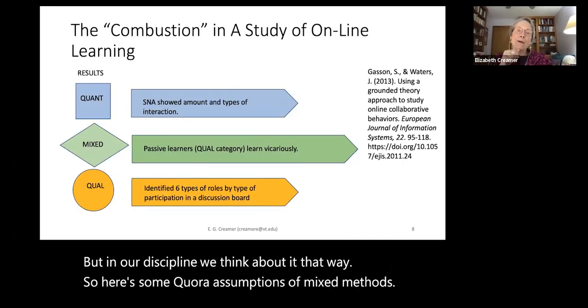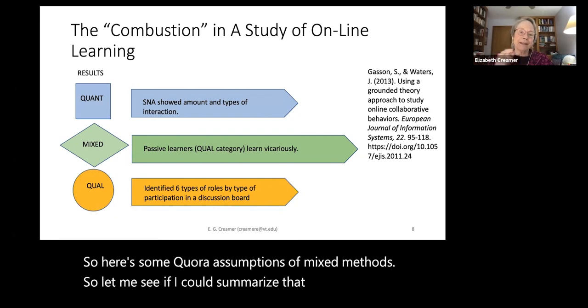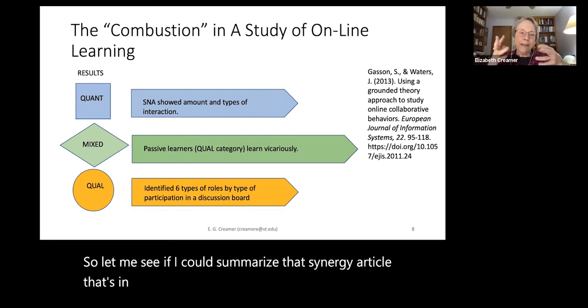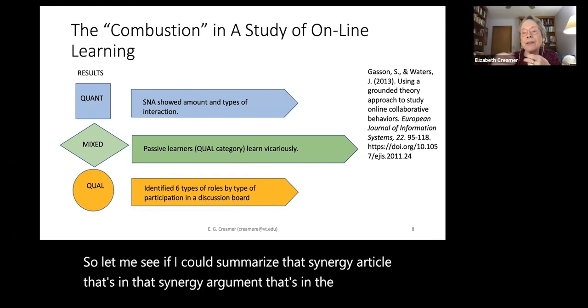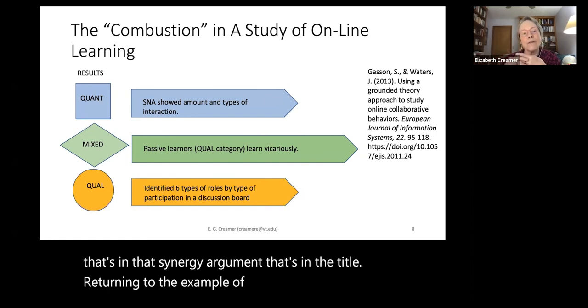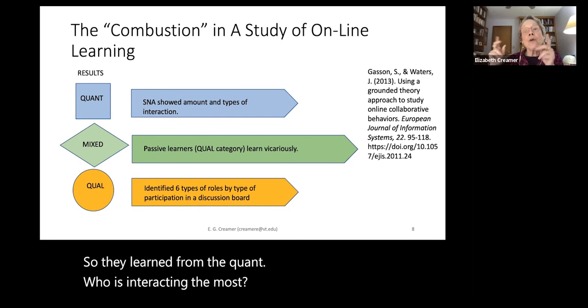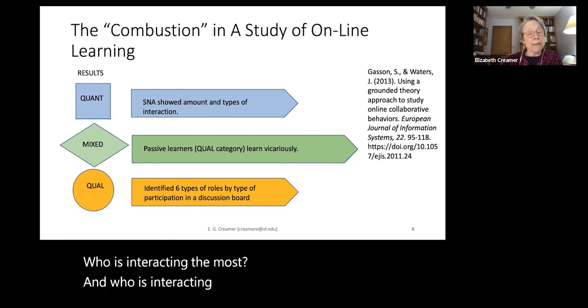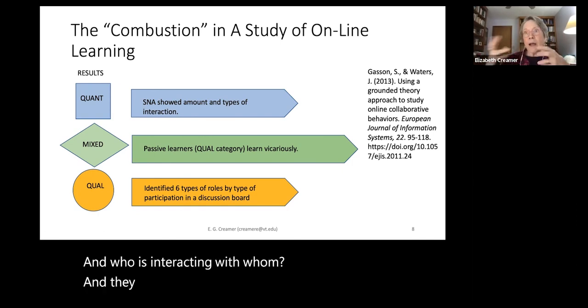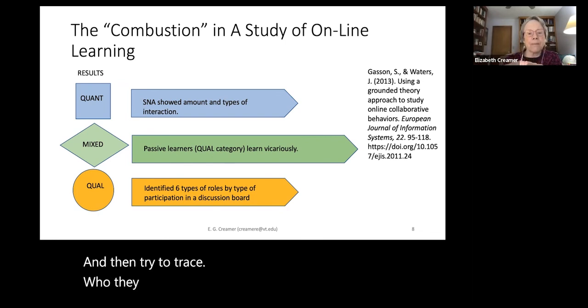So let me see if I can summarize that synergy argument that's in the title, returning to the example of the Gasson and Waters article. They learned from the quant who was interacting the most and who was interacting with whom. They identified thought leaders and then tried to trace who they were interacting with.